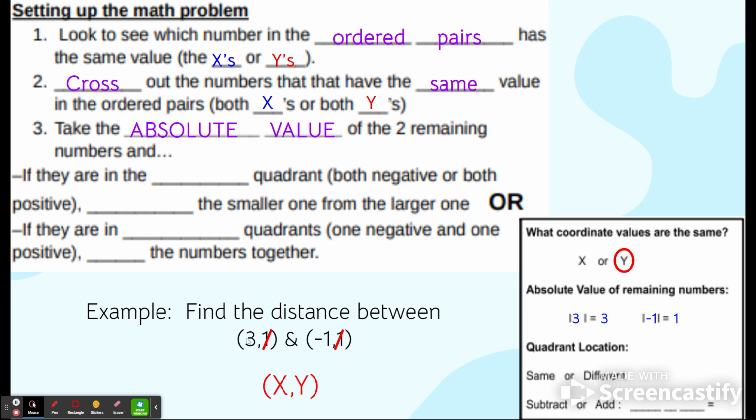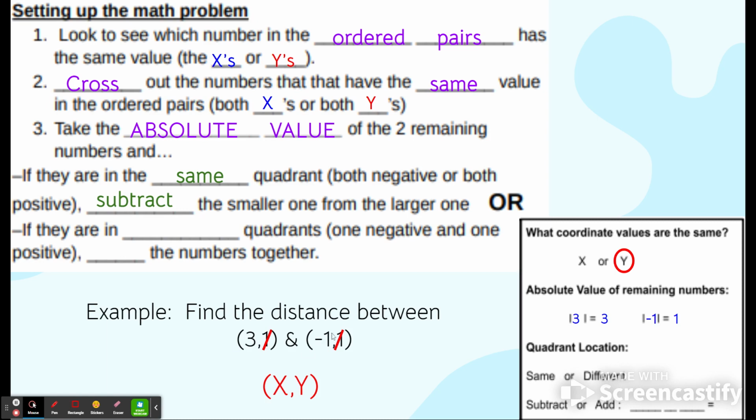So they're either both positive, both negative, or one's positive and one's negative. Well, if they're in the same quadrant on the coordinate plane, we're going to subtract the smaller one from the larger one. Now remember, we're dealing with absolute value. We're subtracting the smaller one from the larger one.